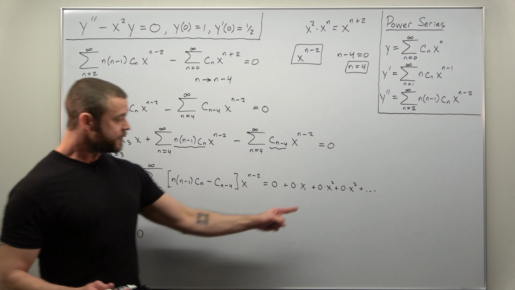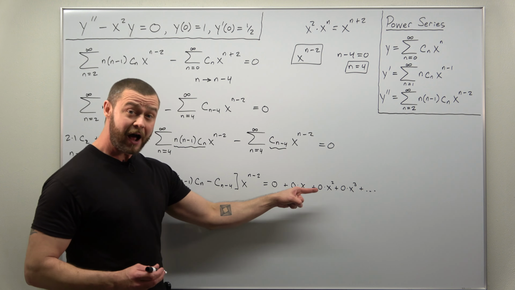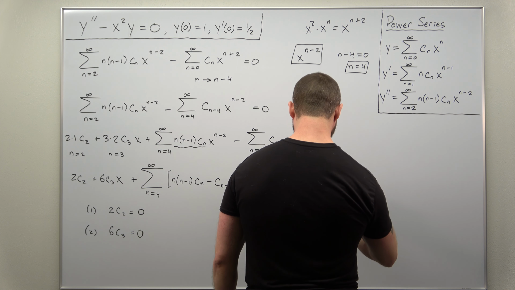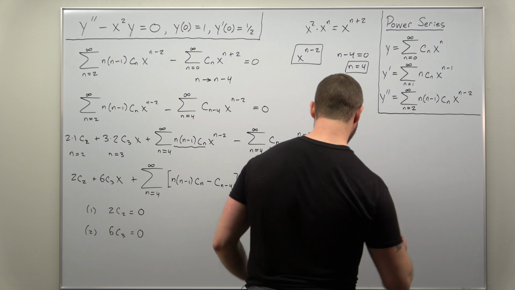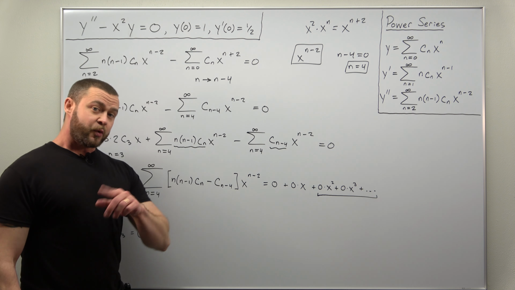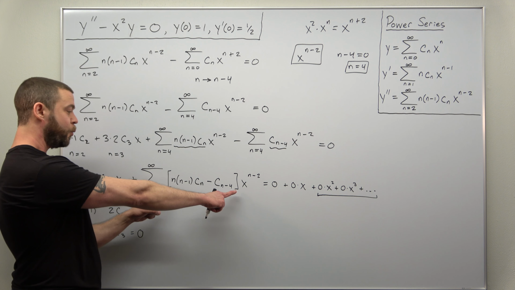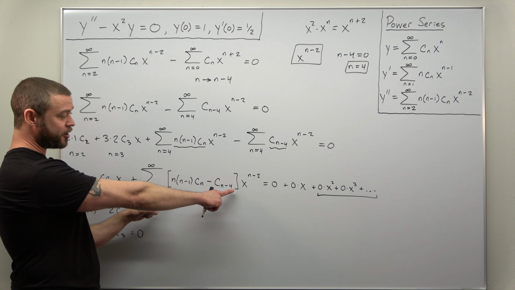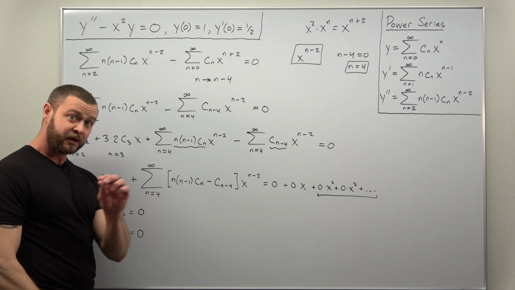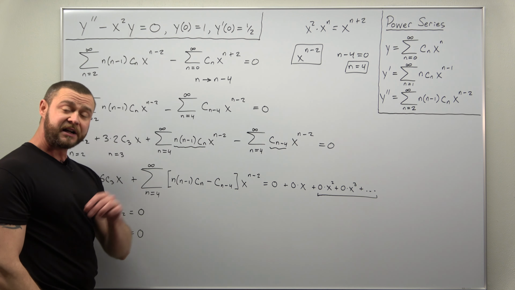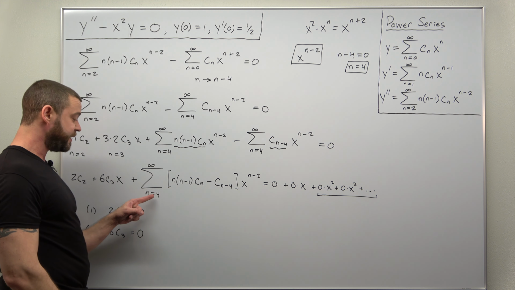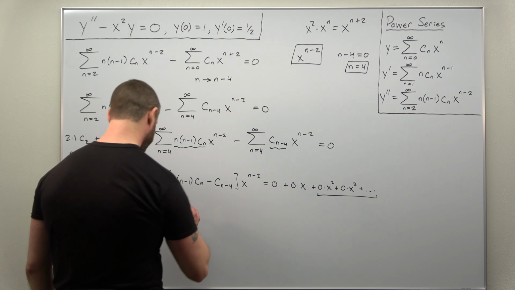And since all the coefficients of the higher powers of x, x squared and beyond, all have coefficients of 0, we now conclude that this expression in the brackets, that set of coefficients, has to equal 0 for all values of n equal to 4 and beyond.